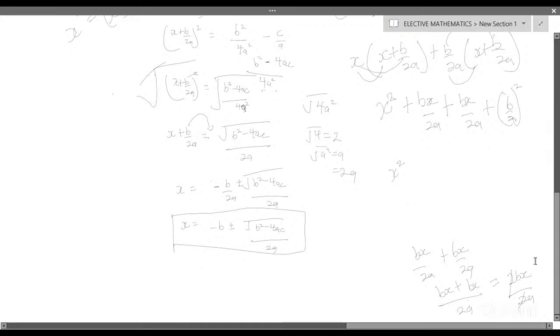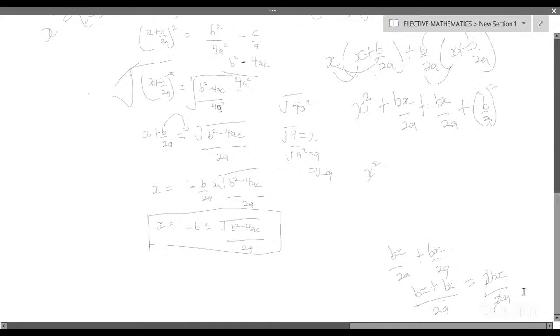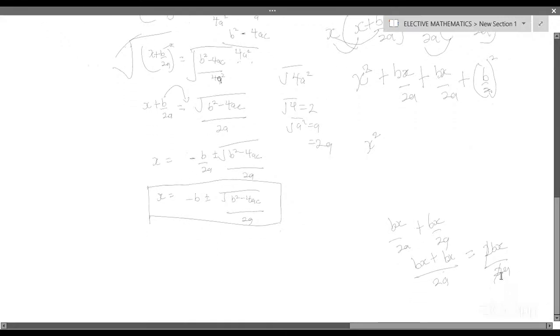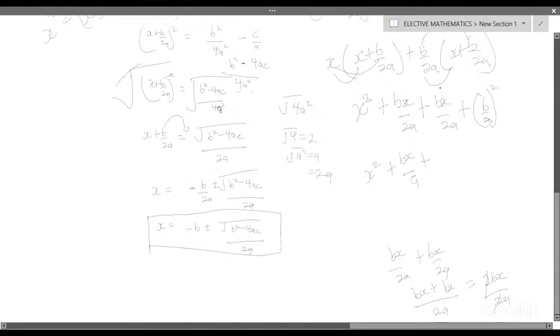Bx. I can't see the down part. Sorry. Bx over 2a. No, 2a has already been cancelled. So what do we have? Bx over a. Good. So here, when I add this and then this, I'll get plus bx over a plus our last term, which is b over 2a all squared.